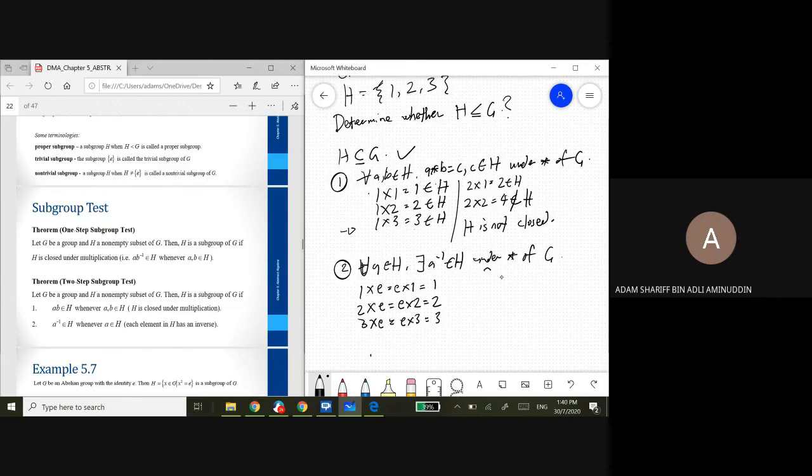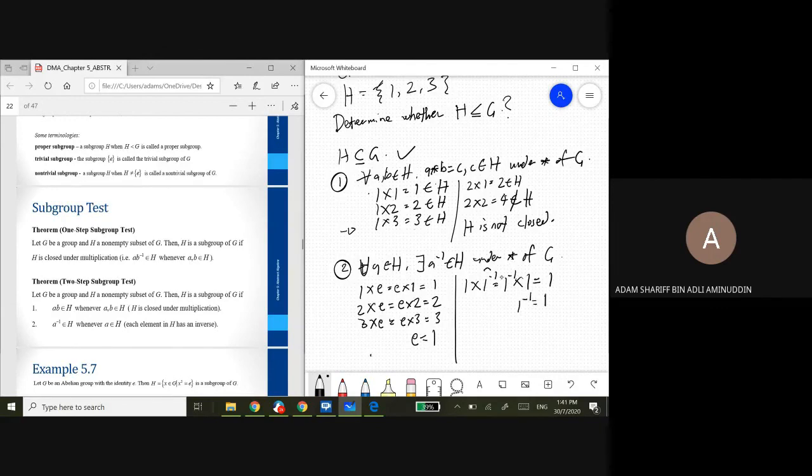Okay. E is 1. Right now, the question is whether the inverse exists in H. Okay, look, right now it's confirmed to be 1. Is there an inverse of 1? 1 times 1 inverse equals 1 inverse times 1, you get back 1. In this case, 1 inverse is 1.